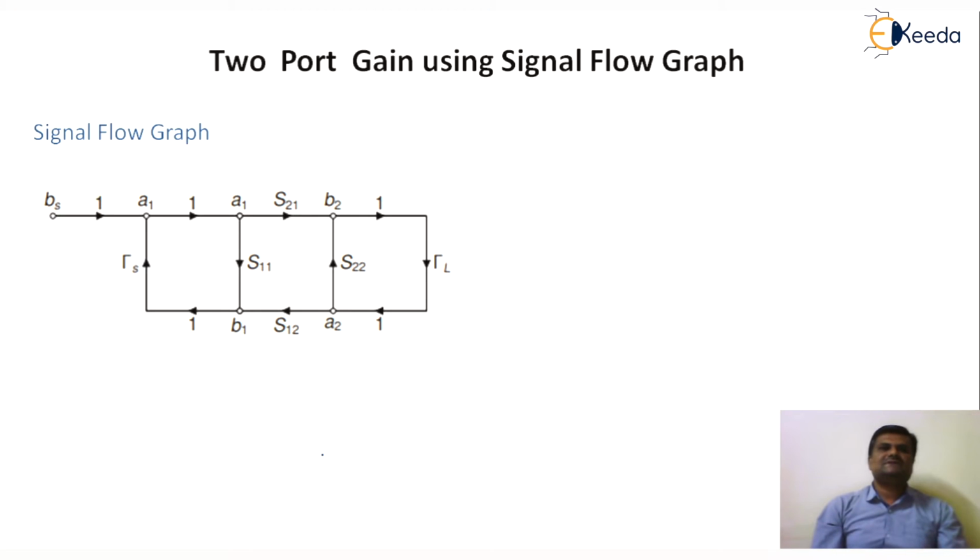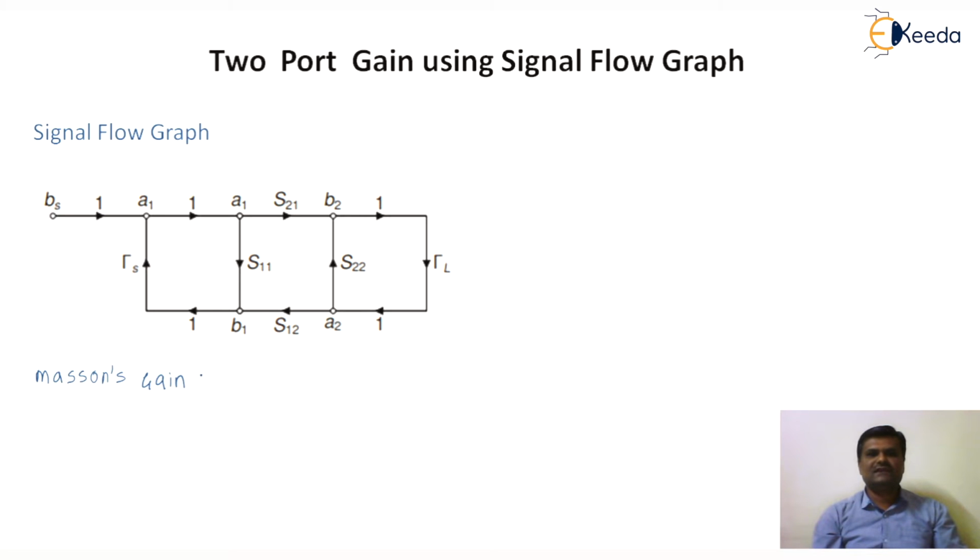Now this is the signal flow graph of a two-port network. We will derive the equation of gain from this signal flow graph. For that purpose, we use Mason's gain formula. We have studied this formula in control system engineering.